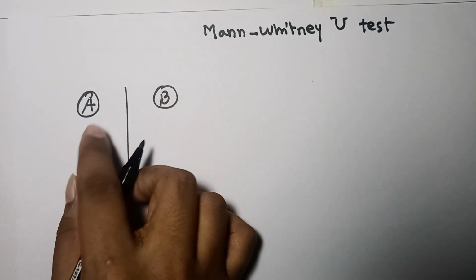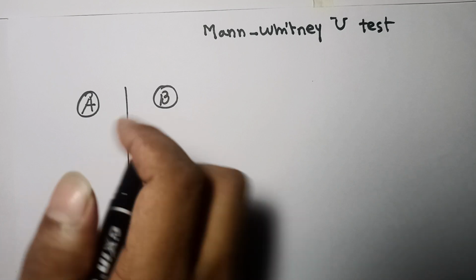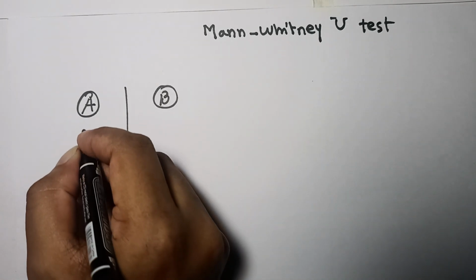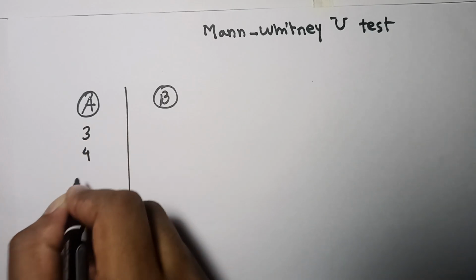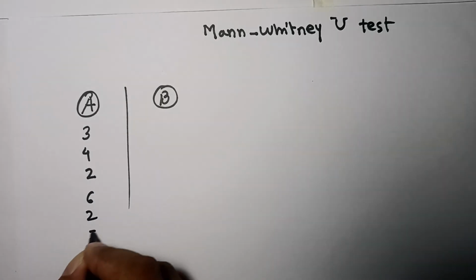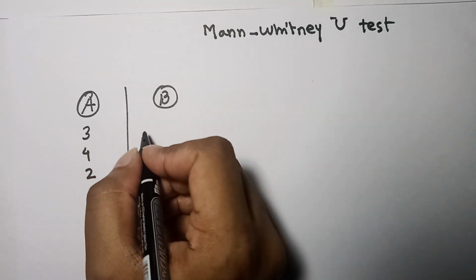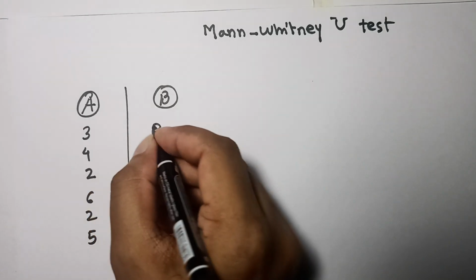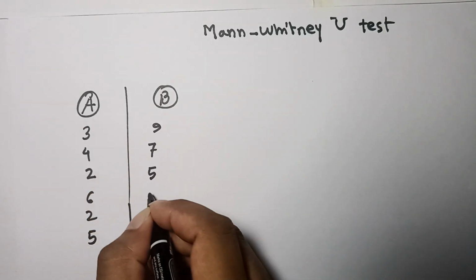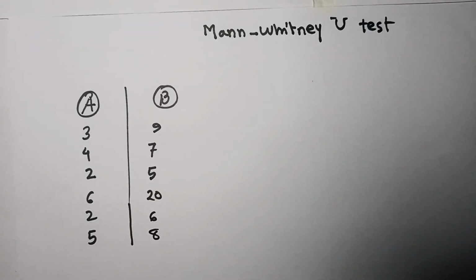Here we apply these two treatments in two different groups of people, and we found the performance scores, say 3, 4, 2, 6, 5, and against it we found 9, 7, 5, 20, 6, 8.